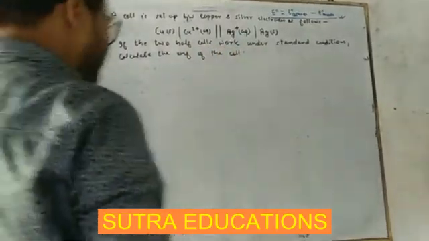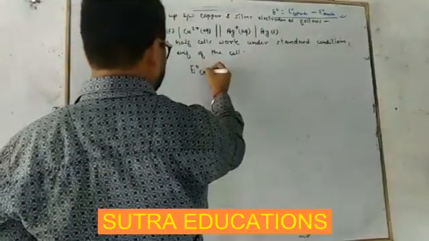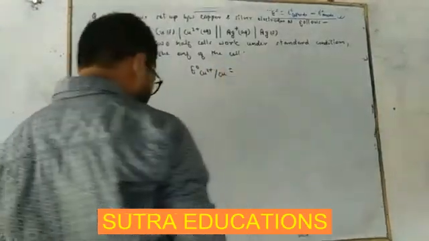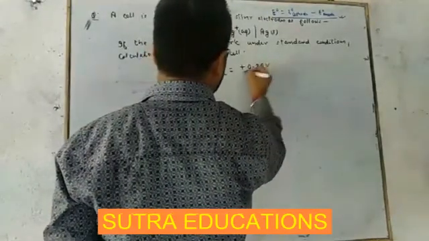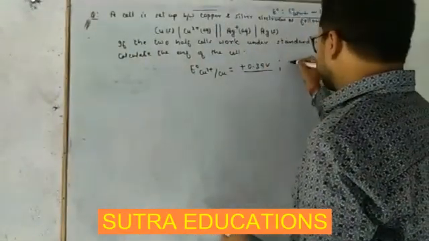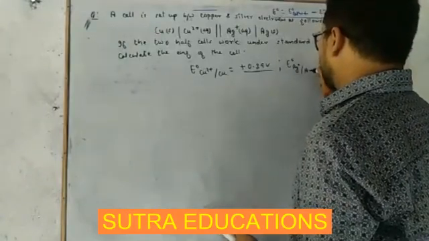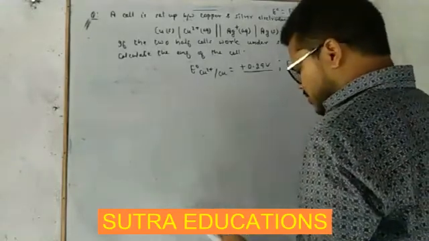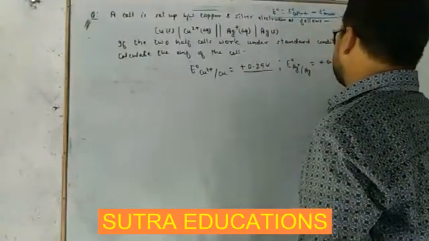We have given E naught Cu2 plus to Cu is equal to plus 0.34 volt, and E naught Ag plus to Ag is equal to plus 0.80 volt.